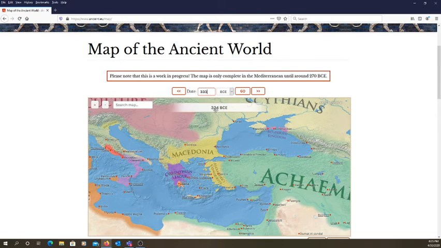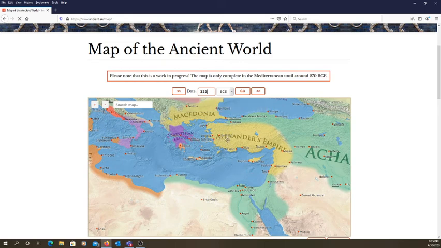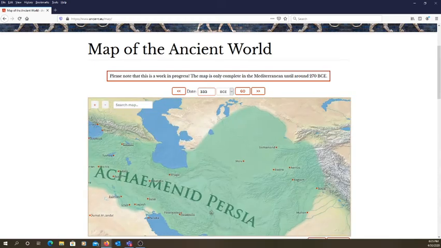In 333, he had a major victory, right? And he's moved down. He now has control of Aleppo, which is in Syria, and he's going to take over Tyre. He actually skips Tyre for a little bit. The Persians are starting to lose their territory.